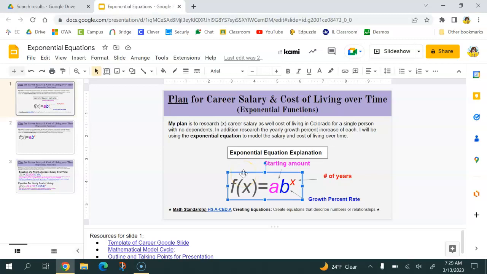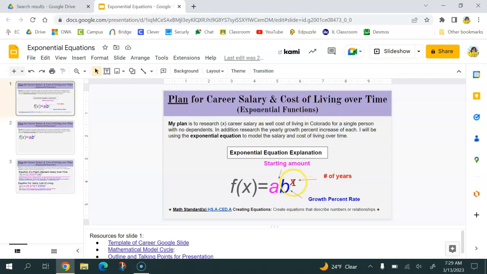You can see that this is a text box, which is going to be very nice. Just letting you know, the A amount is going to be the starting amount. So when we do this for our salary, this is the very beginning salary that you found in the previous slide. This value represents the wage increase that your career sees in the first few years of working in that career.